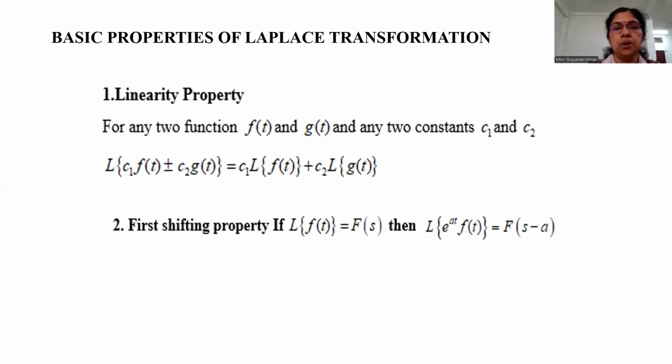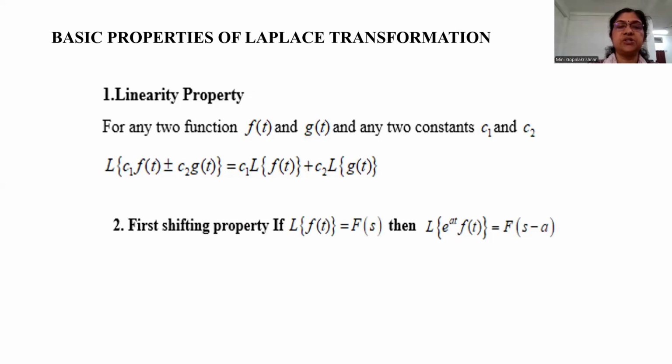You can bring them out. So L of c1 f of t plus or minus c2 g of t will be c1 times L of f of t plus or minus c2 times L of g of t. c1 and c2 are constants. In differentiation also, constants can be taken out and then we can differentiate the inner function. So the same thing happens here. In Laplace transform, constants are not affected.